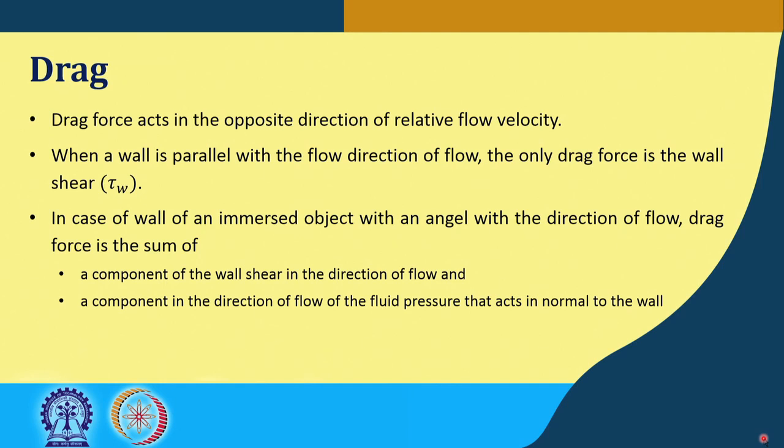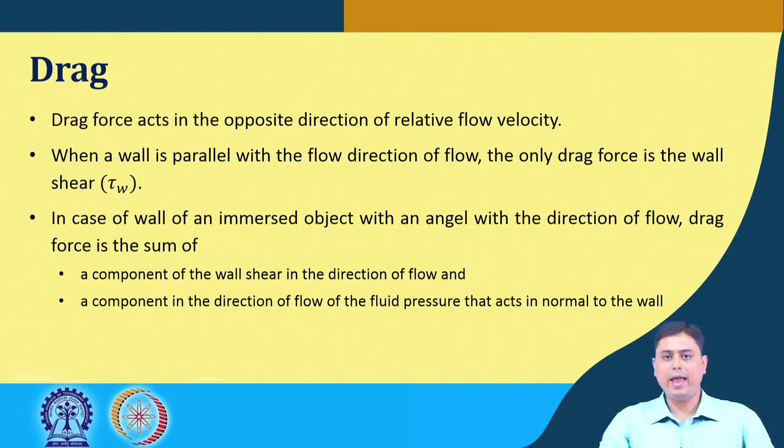So let's consider that there is a boat in a river. The boat is stagnant, the river is flowing. So the direction of relative flow is the opposite of the free stream current in the direction of which the river is flowing. So the drag basically will be along the direction of the flow of the river.